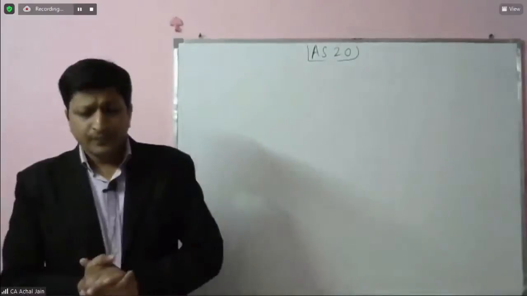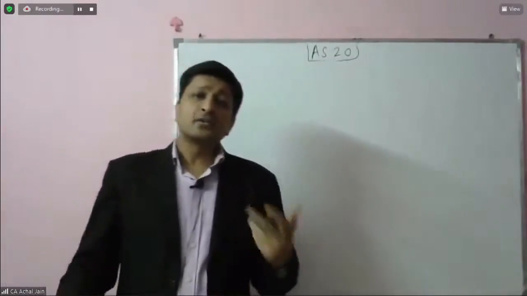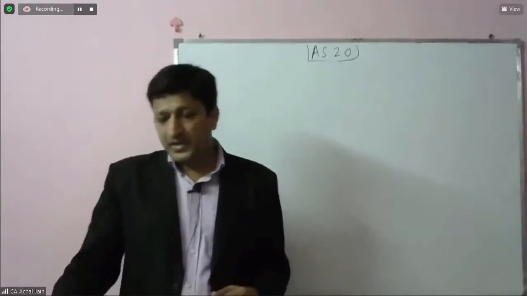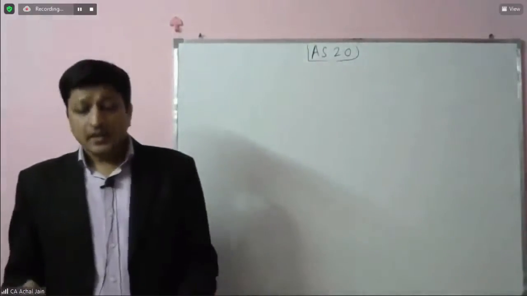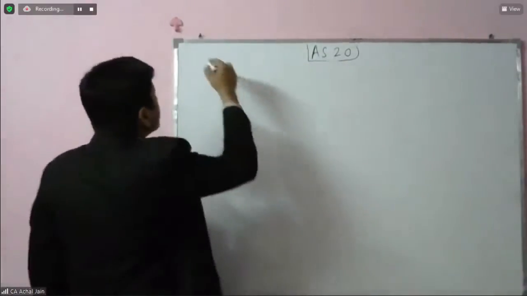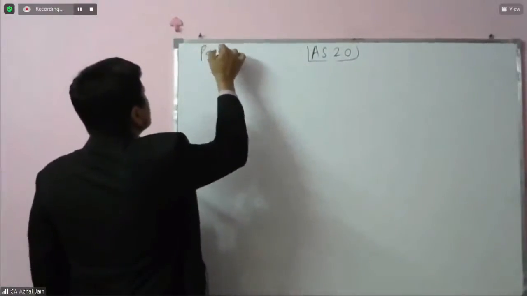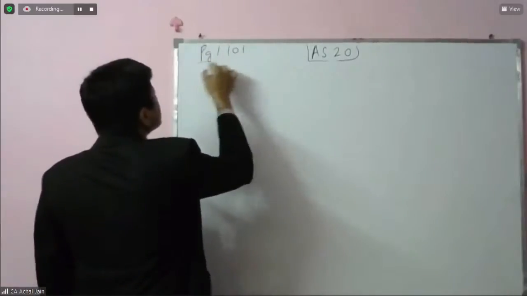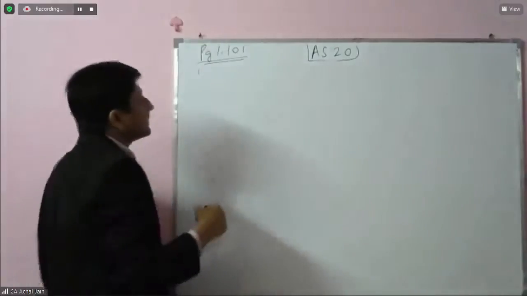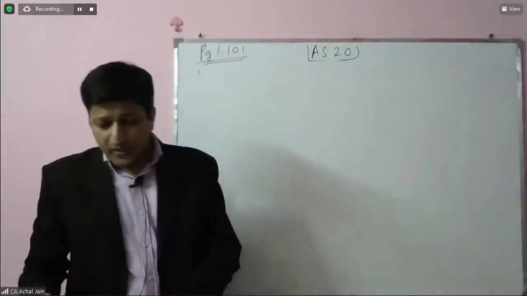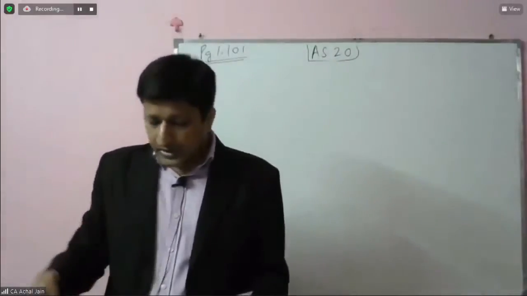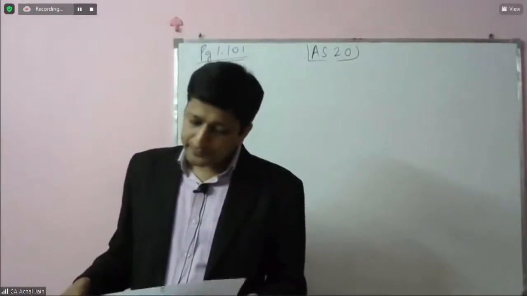Great. So now we will move on to the next topic. Next topic means the next concept within EPS, which is called diluted earning per share. If you want, you can refer to some of the points for your notes on page 1.101 of the study material, which talks about diluted earning per share.